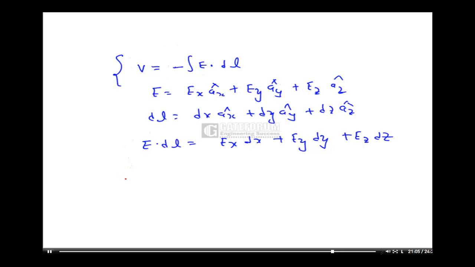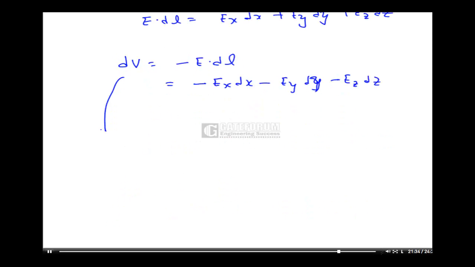Now I am taking differentiation, dV. If I take differentiation on both sides, the integration vanishes. That is minus E dot dl, which equals minus Ex dx minus Ey dy minus Ez dz.